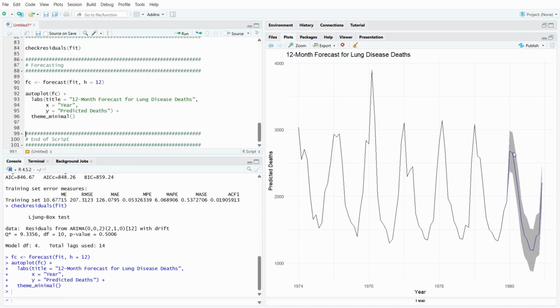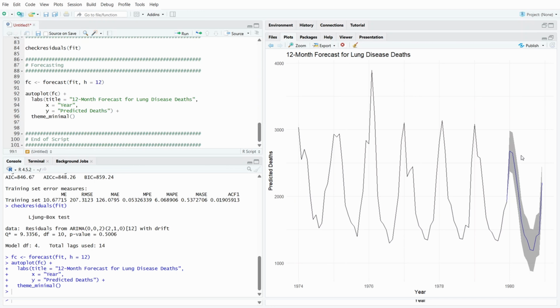The blue line represents our point forecast, the single most likely path the data will take based on historical patterns. Notice how it perfectly captures the anticipated seasonal dip in the summer and the rise as we head back into winter. It tells us that we should expect a peak of roughly 2,700 deaths early in the year, which is significantly lower than that terrifying 1976 spike, but still a major burden for the health system to manage.